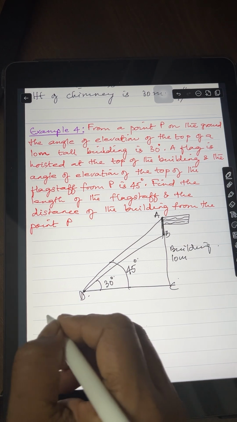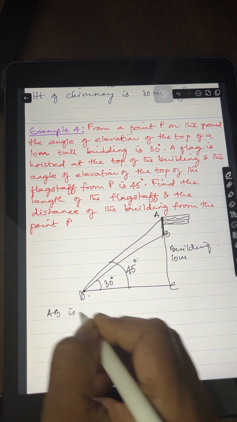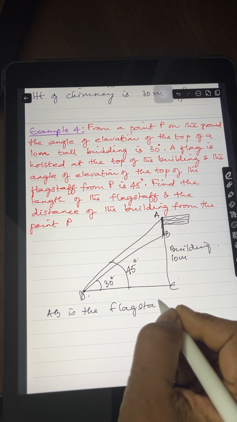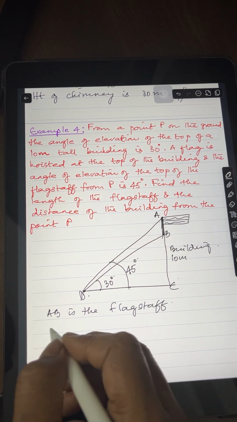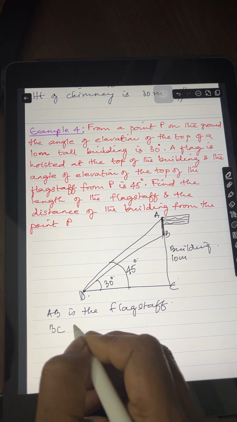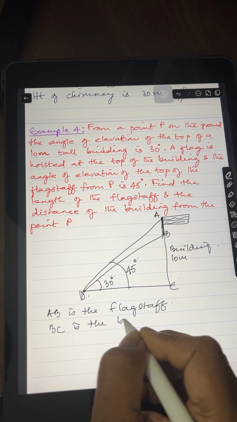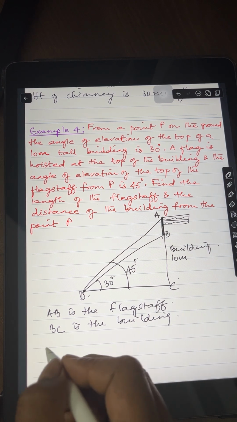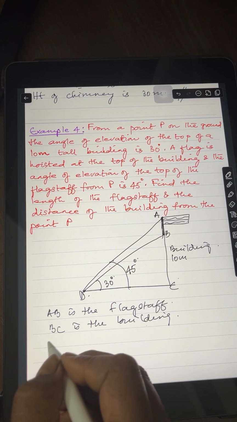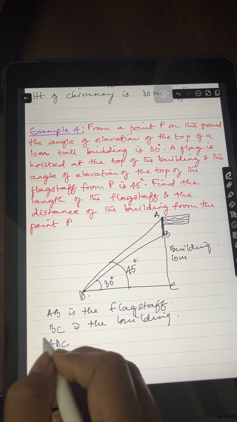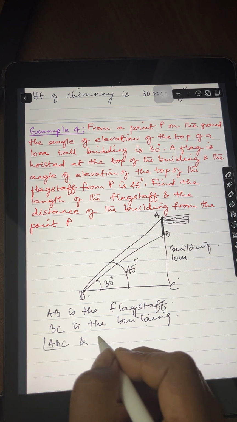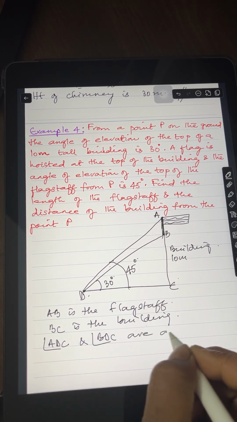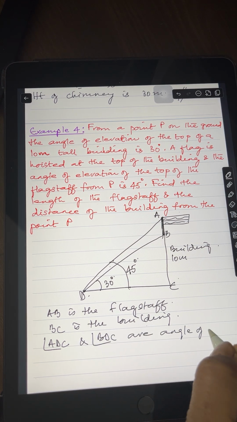You will have to say AB is the flagstaff. Then BC is the building. Angle ADC and angle BDC are angles of elevation.